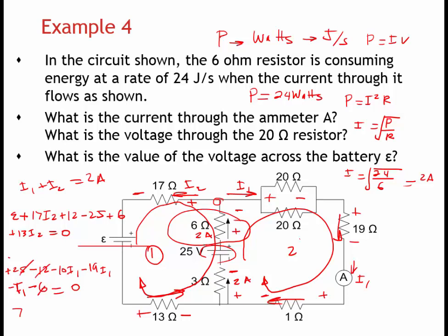And then we have minus 10 I1 minus 19 I1 minus I1, which gives minus 30 I1, equals 0.